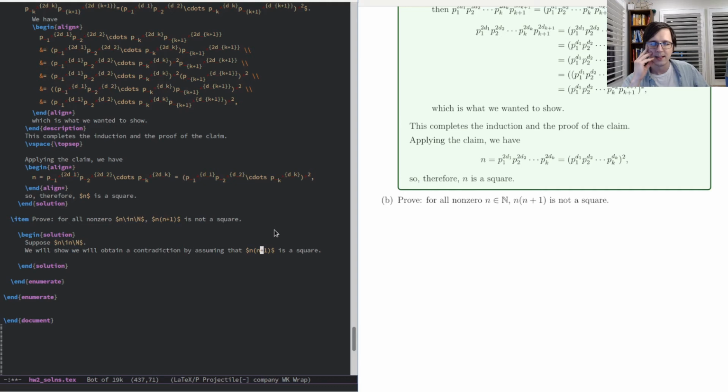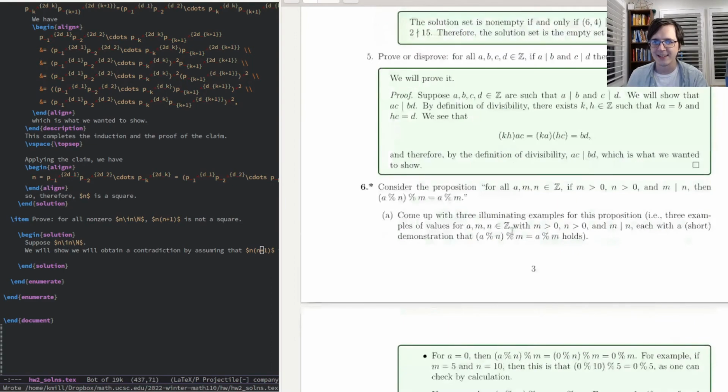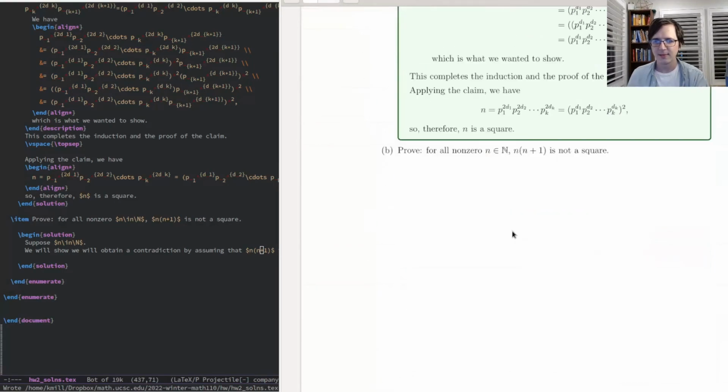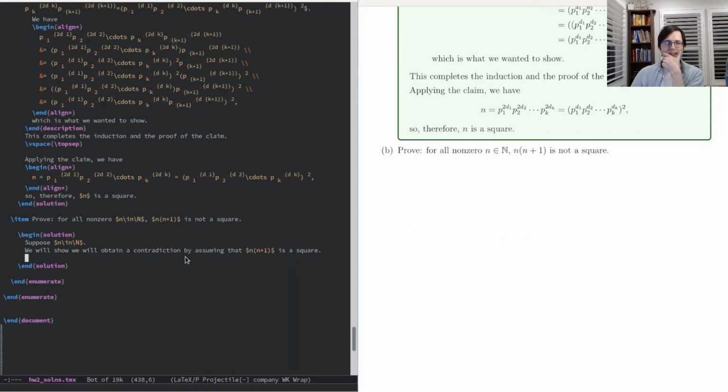I'm suddenly feeling confused. Maybe that's from almost 2.5 hours of doing this. Like, okay, so there's this proof I have in the back of my mind, which is that if it were a square, well, I'll just write it out as we go.